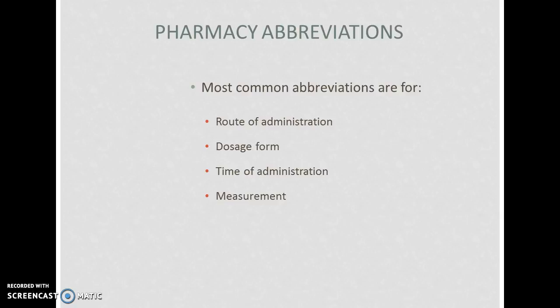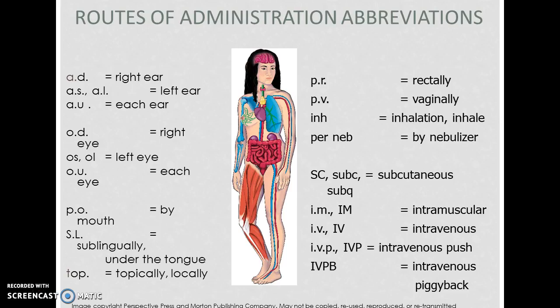So there are abbreviations for the route of administration, for the dosage form, for the time of administration, and for measurements. These are some of the things that you should be familiar with. So let's go through some of them. And basically, at this point, you just have to memorize them.